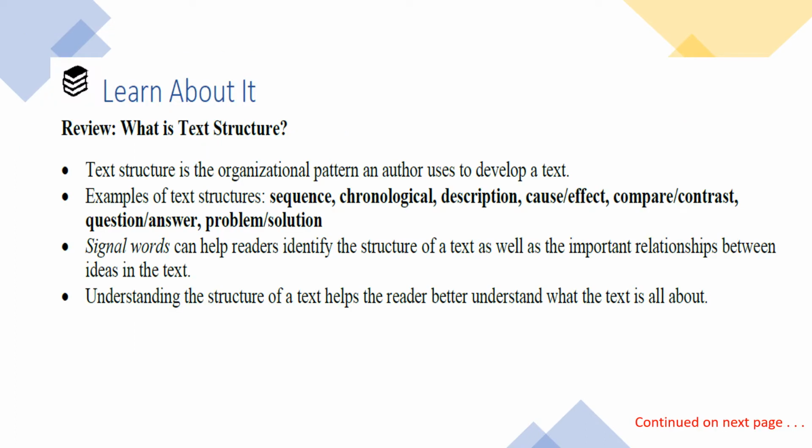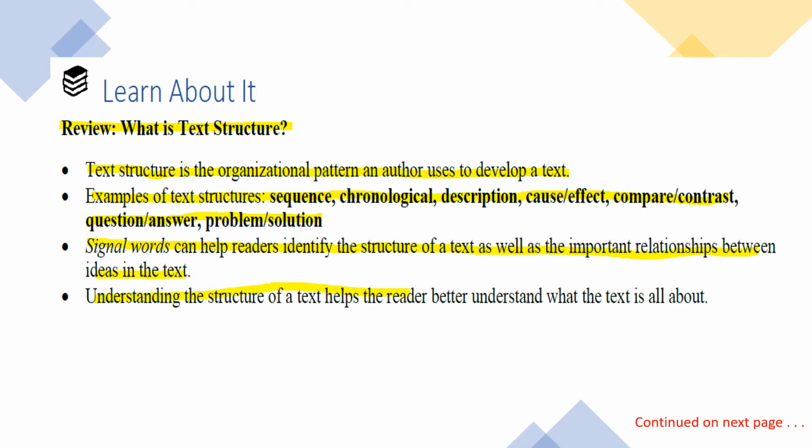All right, our learn about it. Review. What is text structure? Text structure is the organizational pattern an author uses to develop a text. Examples of text structure could be sequence or chronological, description, cause and effect, compare and contrast, question and answer, problem and solution. Signal words can help readers identify the structure of a text as well as the important relationships between the ideas in the text.